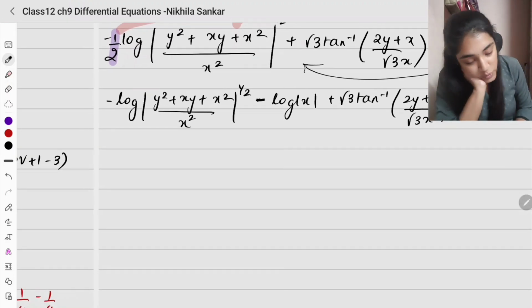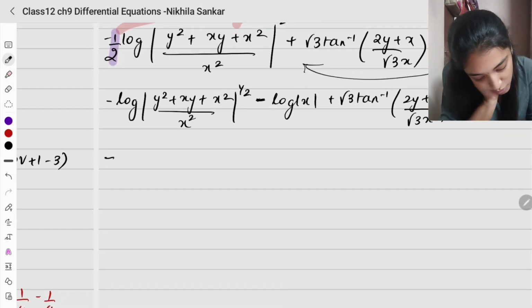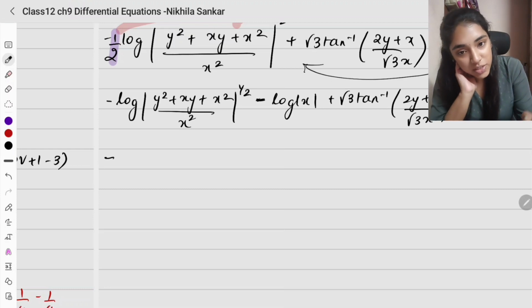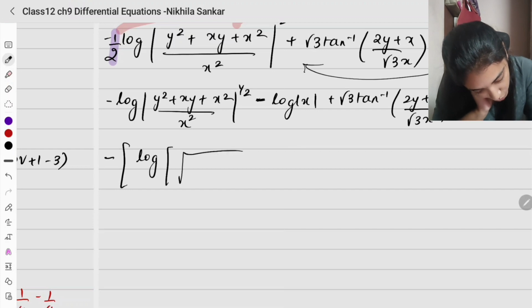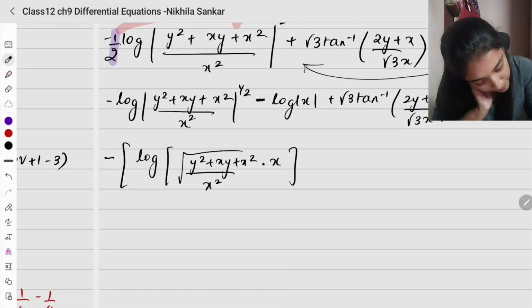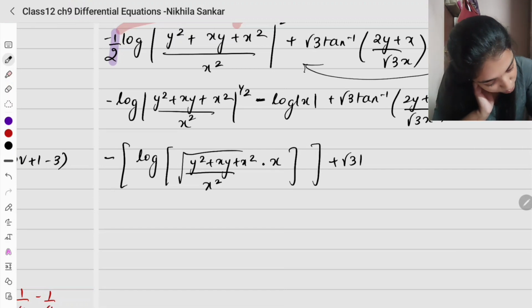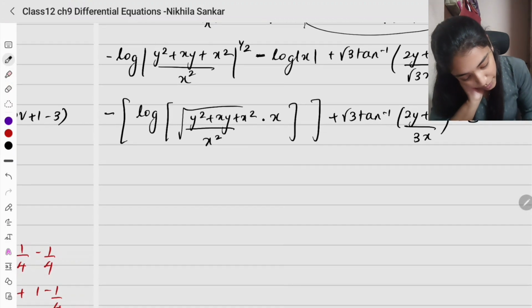C is a constant. Okay, I'll have minus of log of something plus log of something. So log a plus log b is log of a into b. So minus common at the log of square root of y square plus xy plus x square divided by x square times x plus root 3 tan inverse of 2y plus x divided by root 3x equals c. So what do I have?